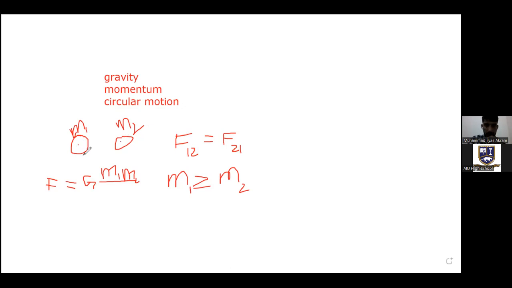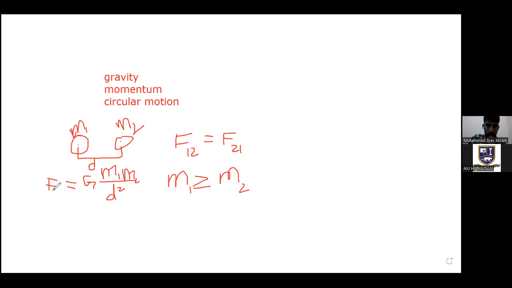So Newton said that the gravitational force is proportional to the product of both masses and inversely proportional to the square of the distance between them. That is the formula we use to calculate the numerical values for different assumptions.